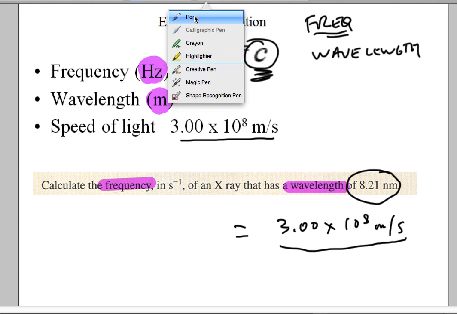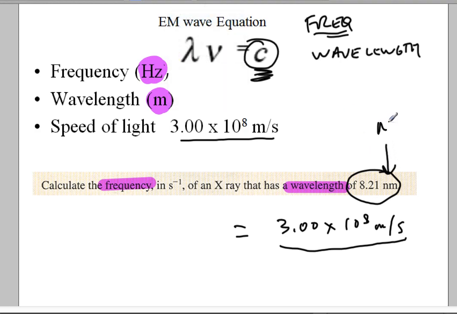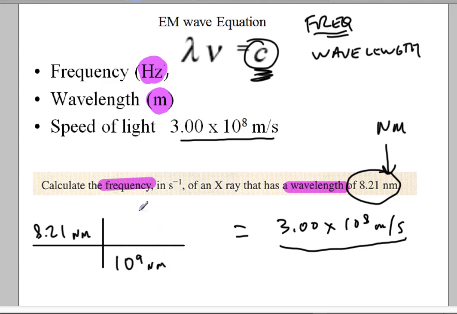So if I look right here, I notice I have nanometers. Now I would have to convert that. So the first thing before I even go to my calculation is I'm going to convert. I'm going to take 8.21 nanometers, and I know that 10 to the 9th nanometers is equal to 1 meter.